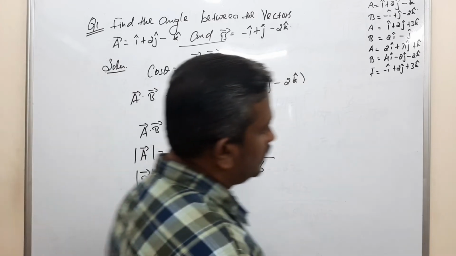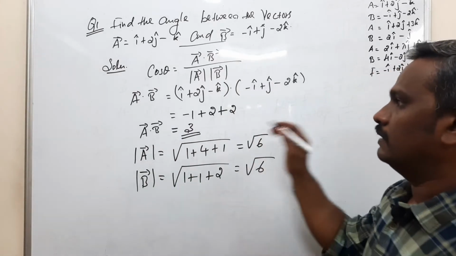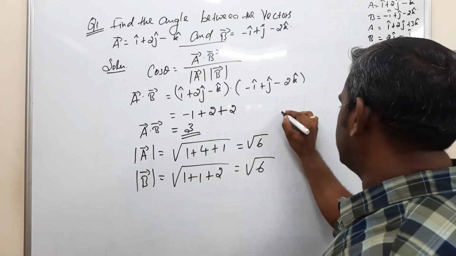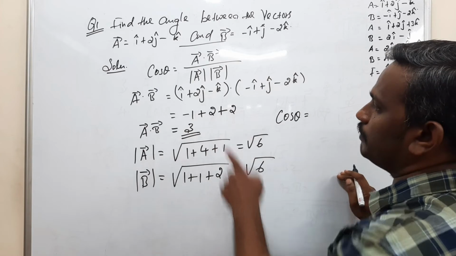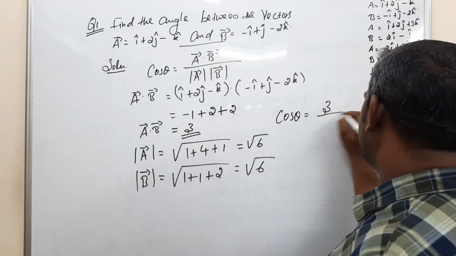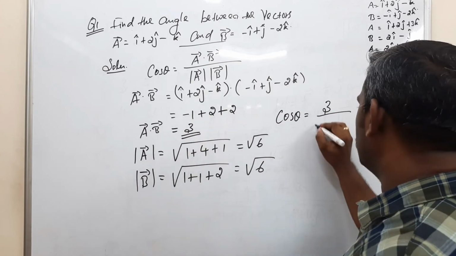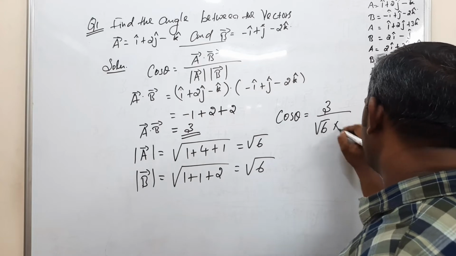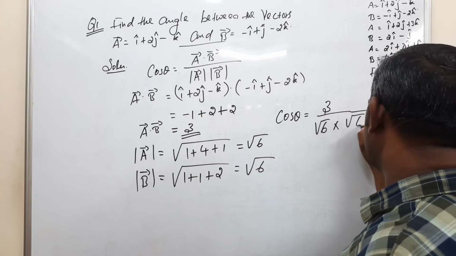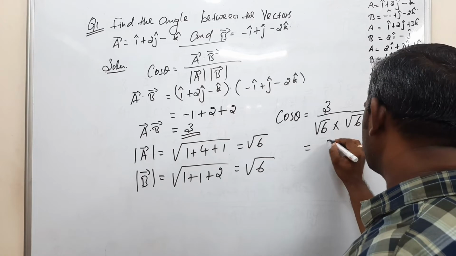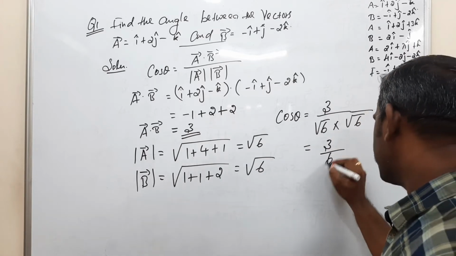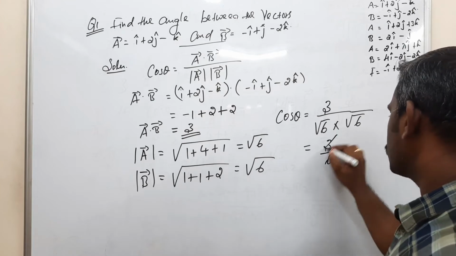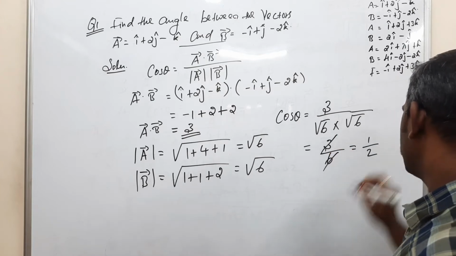Okay, root 6. So apply the formula, cos theta is equal to A vector dot B vector, that is 3, divided by modulus of A vector root 6 into modulus of B vector root 6. So that's equal to 3 divided by 6, that is 1 by 2.